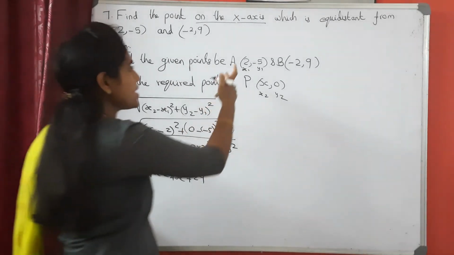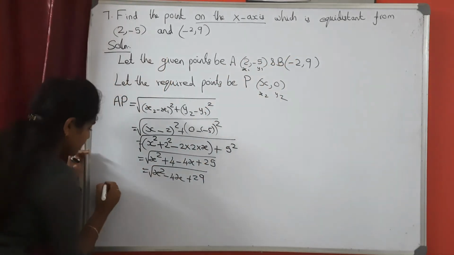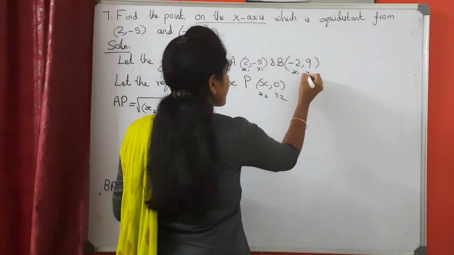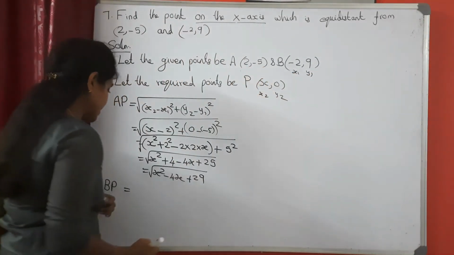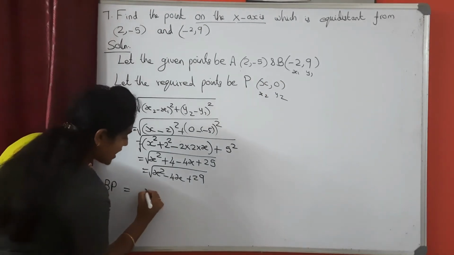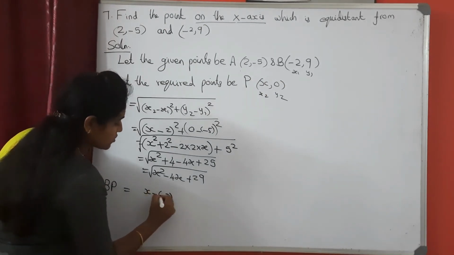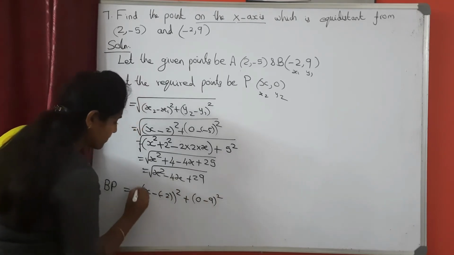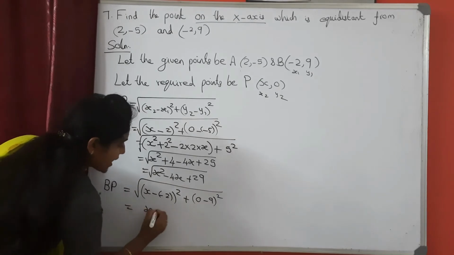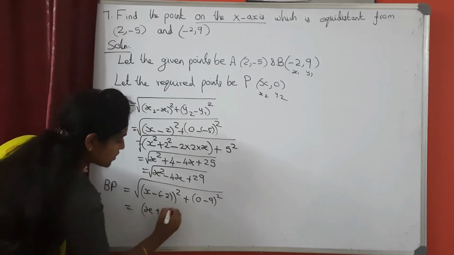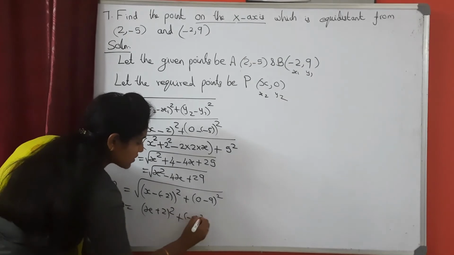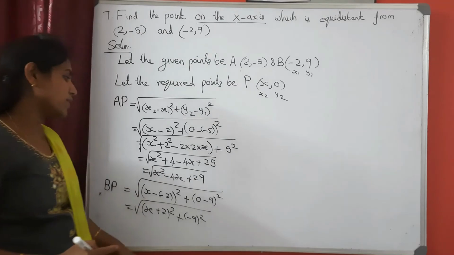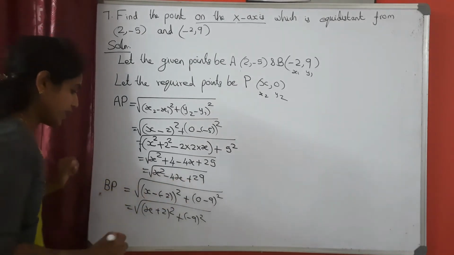Next we need to find BP. Now this is x1, y1 and this is x2, y2. What is the formula? (x minus minus 2) the whole square plus (0 minus 9) the whole square, equal to (x plus 2) the whole square plus (minus 9) the whole square. Here it is the (a plus b) the whole square form, which is a square plus b square plus 2ab.